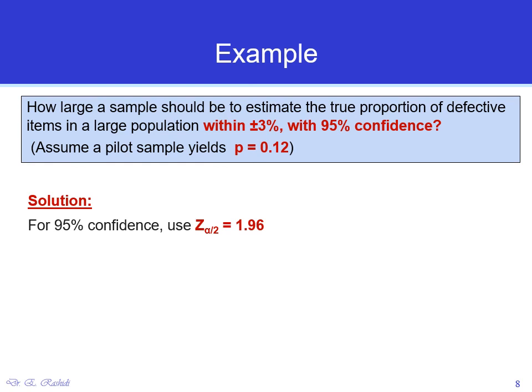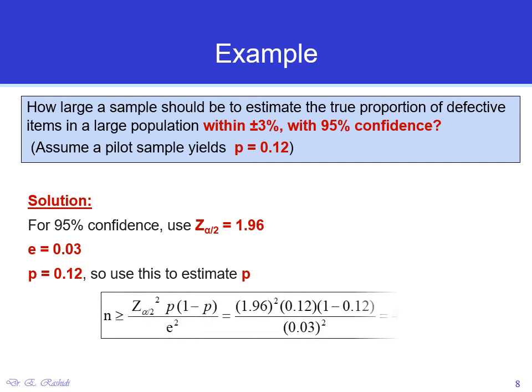For 95% confidence, we use z of alpha over 2, which is z of 0.025, and that's 1.96. So we're going to use the formula. E, the margin of error, here is 3%. And P is equal to 12% because this is what we estimated from the pilot sample.